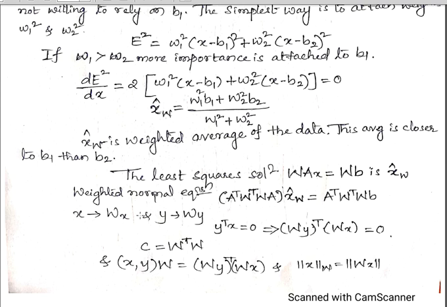If x is equal to Wx and y is equal to Wy, we write Wy transpose Wx is equal to 0. These have to be followed if the weighted values of our b1 and b2 are given. Weights are assigned to our values.